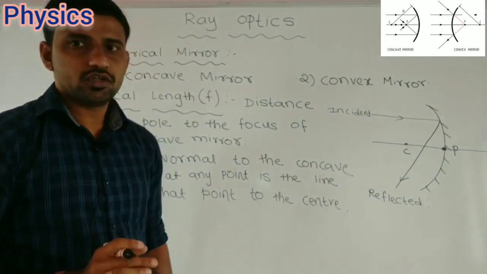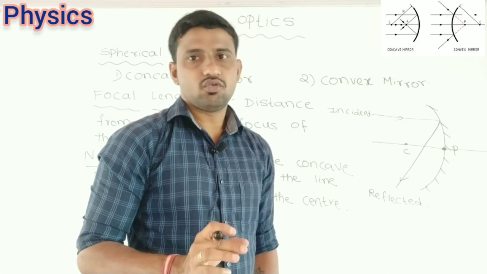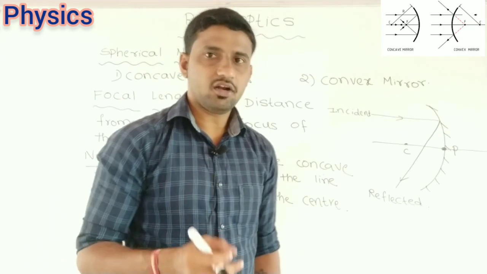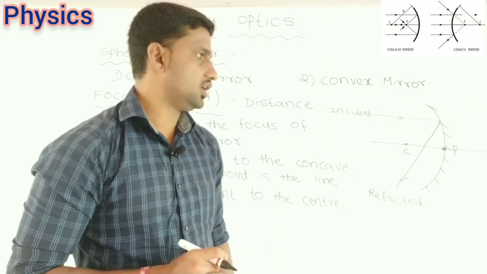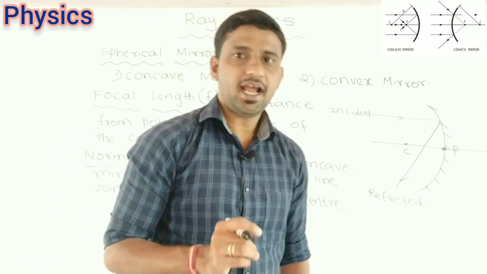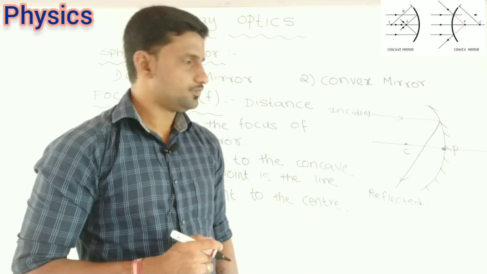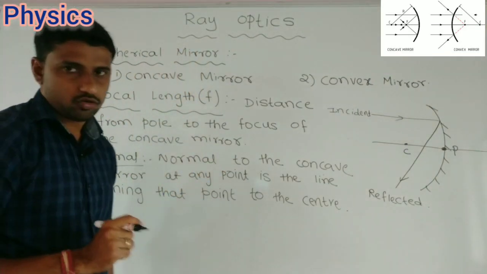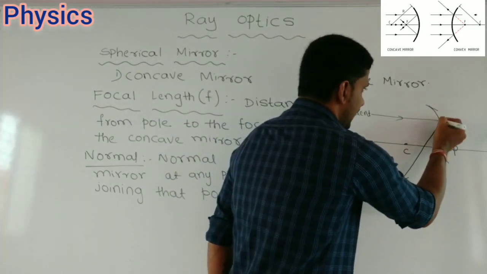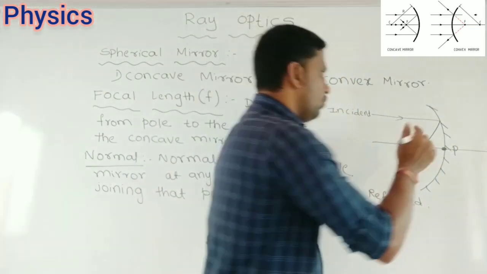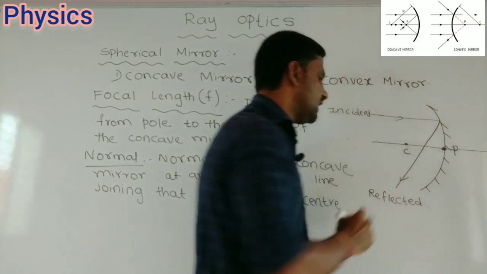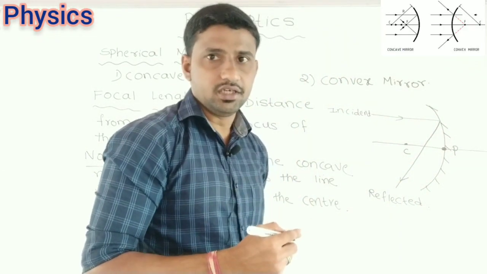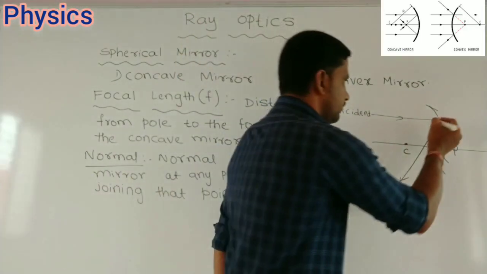According to the law of reflection, we know that the angle of incidence is equal to the angle of reflection. So wherever the reflection takes place, the angle of incidence should be equal to the angle of reflection. To know the angle of incidence and angle of reflection, we have to draw a normal. The normal to the concave mirror is the line we take from the point at which the incident ray and reflected ray meet on the reflecting surface.